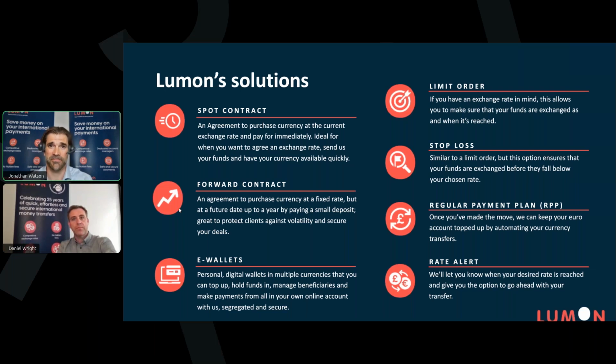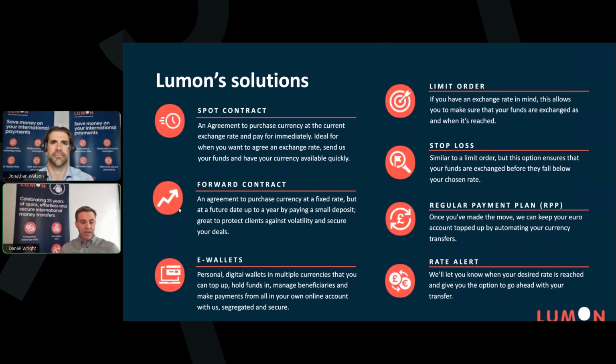I think just to touch on the forward contracts, it is probably one of our most popular contract options, especially for those buying property, because ultimately you can secure the whole price of your property in advance with just paying a small deposit. So if, for example, there is a fear that, for example, we have local elections coming up, that could bring into question Keir Starmer and what his position is, which ultimately could lead to sterling weakness.